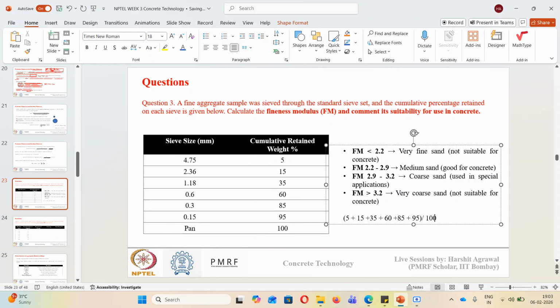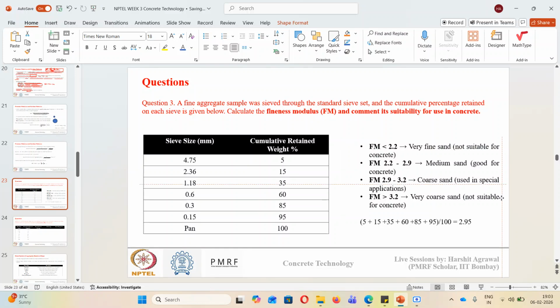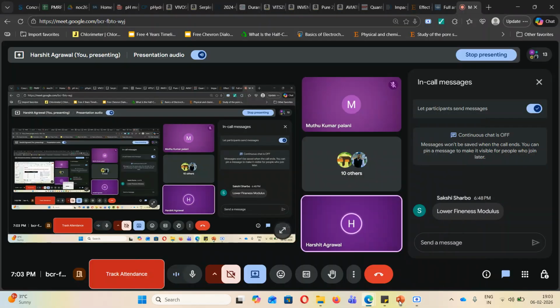This comes out to be 2.95. This is the fineness modulus of the fine aggregates I have taken, and it falls in the category of coarse sand, which is still suitable for use. It is not bad, not very high, not very low. This is how we calculate the fineness modulus.